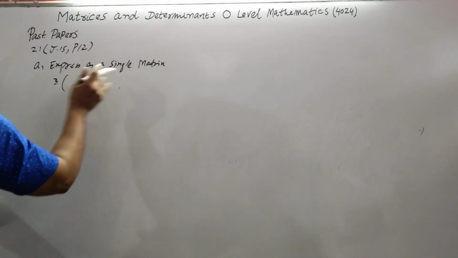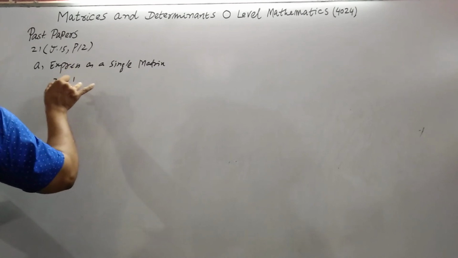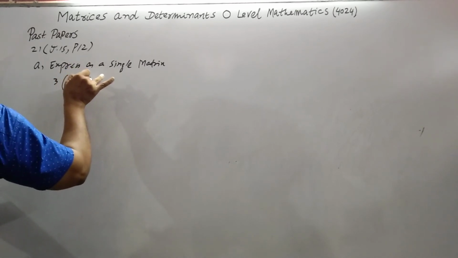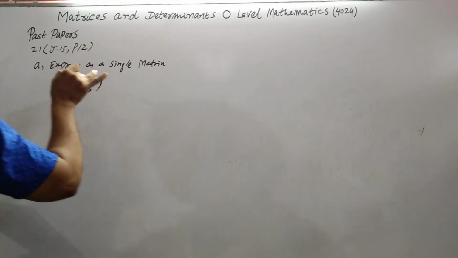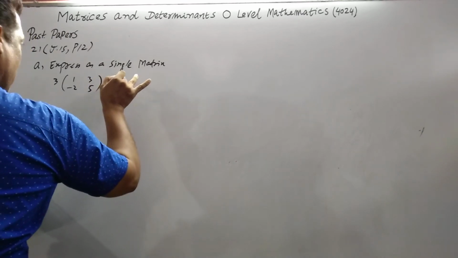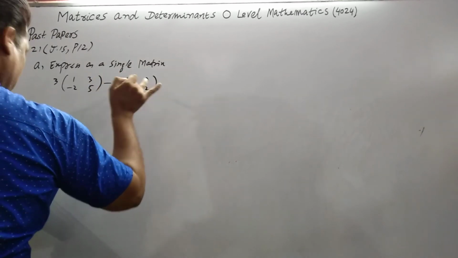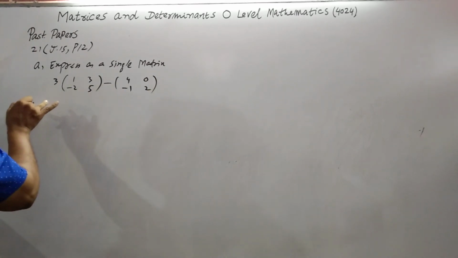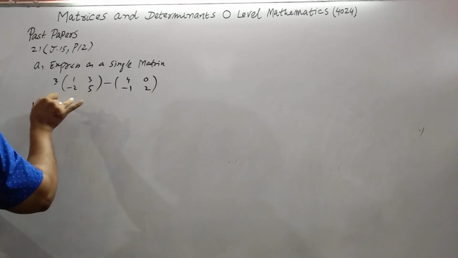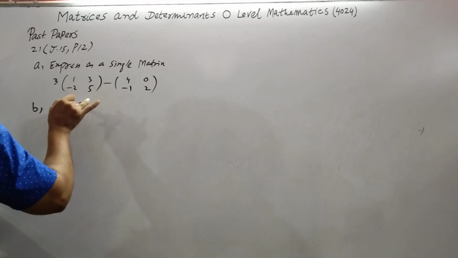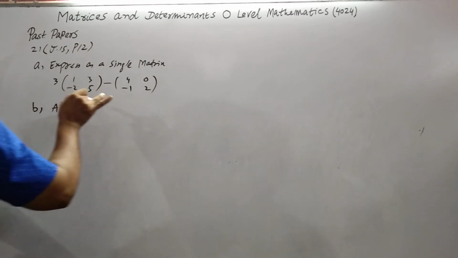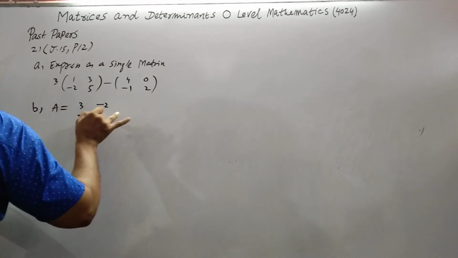3, 1, minus 2, 3, 5, minus 4, minus 1, 0, 2. Part B is A equals 3, p, minus 2, minus 1.